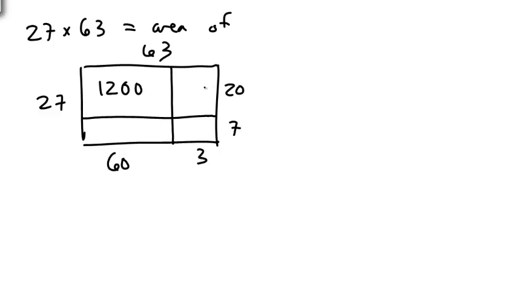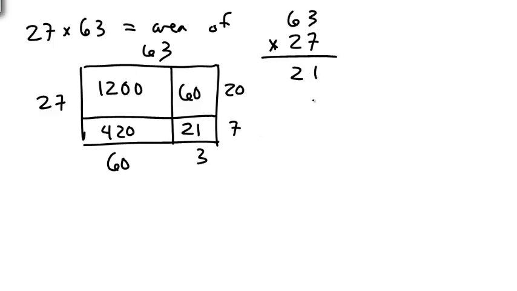3 times 20 is 60. See, because look at this. This is a little rectangle. This is a 7 by 3 rectangle. What's the area inside? 7 times 3, 21. 7 times 60 is 420. And so, 27 times 63 is that whole area.